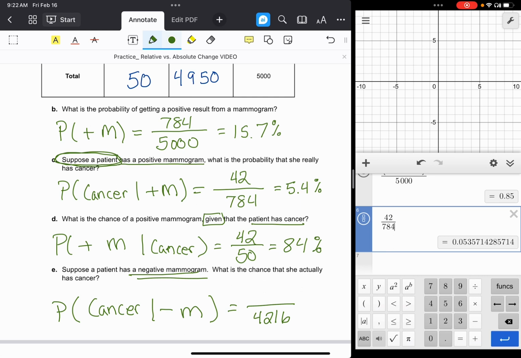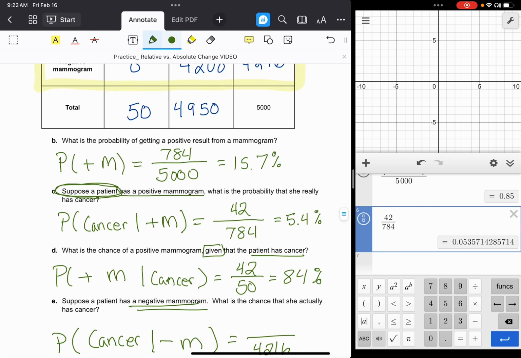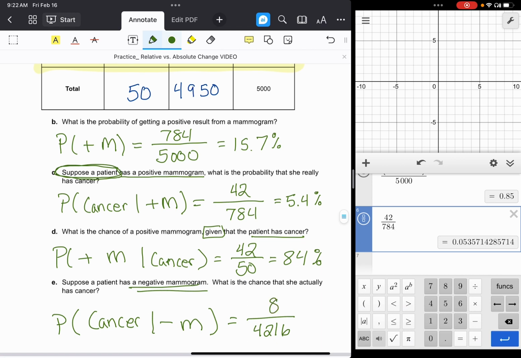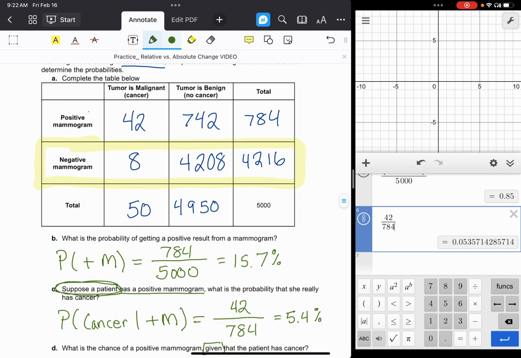Of those 4,216, 8 came back and actually have cancer. And so it's a really, really small amount, 0.2%. So that's good. I'd rather the test be wrong on your false positive end than your false negative end.